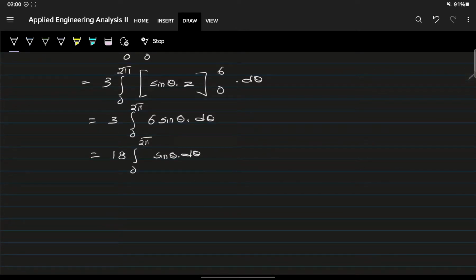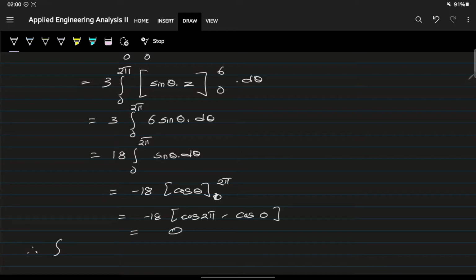Integral of sine is negative cos. Cos 360 is 1 minus 1, 0, 18 into 0. Therefore the surface integral is 0.